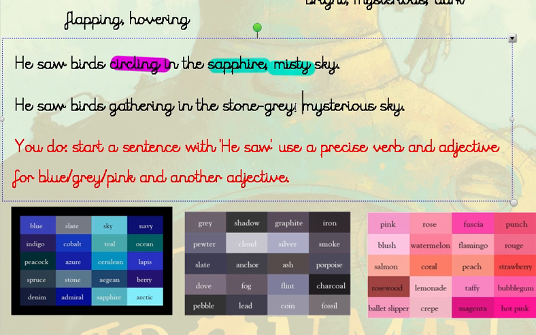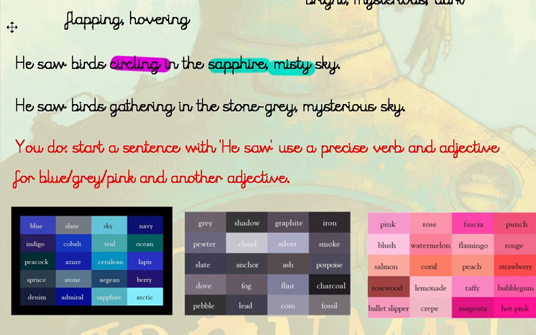Can you have a go? And that's creating those amazing expanded noun phrases and precise verbs. I want you to see if you could write maybe 3 different sentences doing that. Pause the video, have a go, write them down, really focus on those quality sentences.